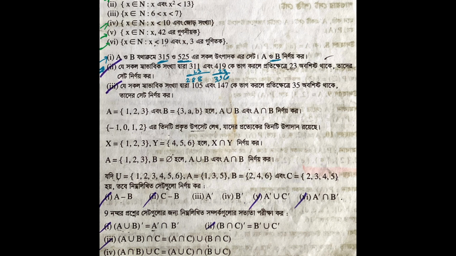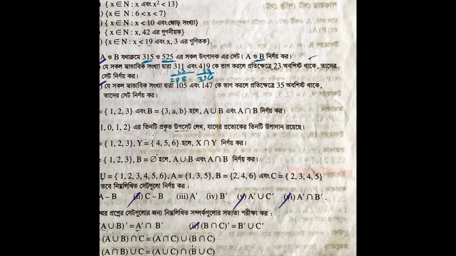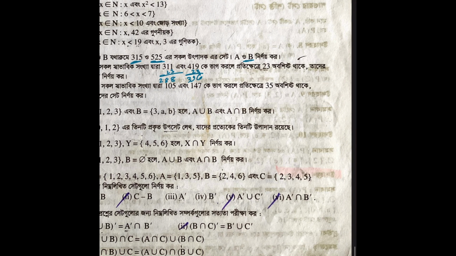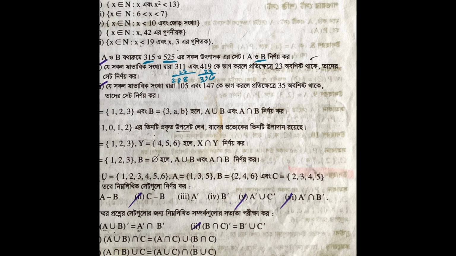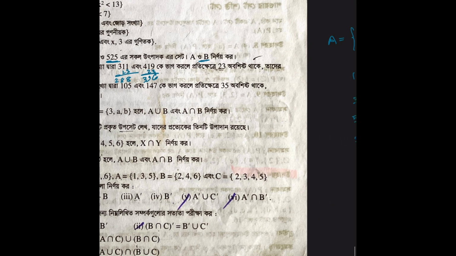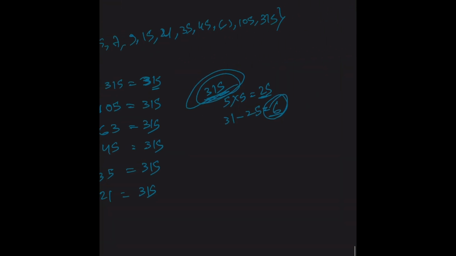So now we're going to figure out the sets containing the factors of 288 and 396.